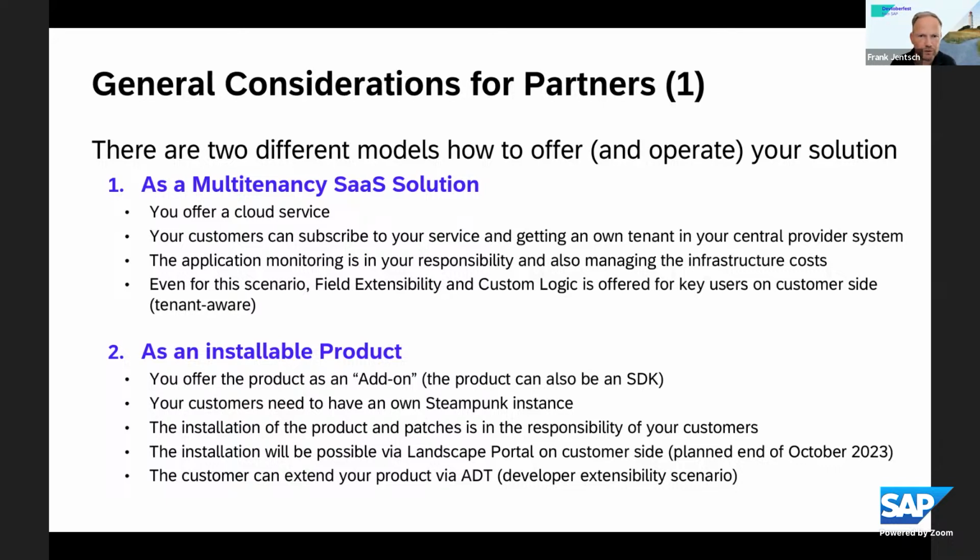Of course, you could also combine these two options for the same product if you want to support two flavors, but it's definitely a very important decision because it has an implication on the operations side, who is doing the operations and so on. So I would start thinking of using the multi-tenancy SaaS solution approach because that's a real cloud service and the appropriate option for applications.